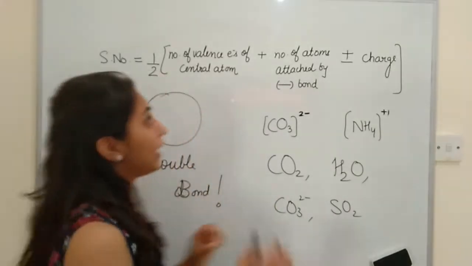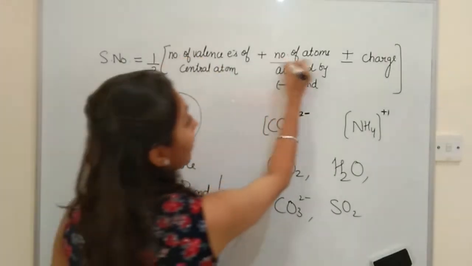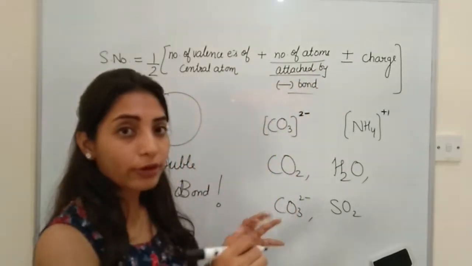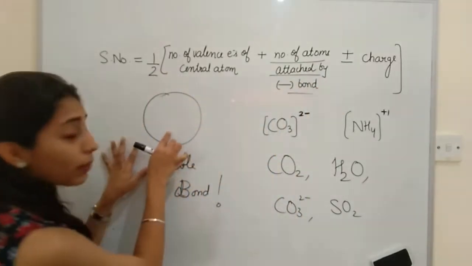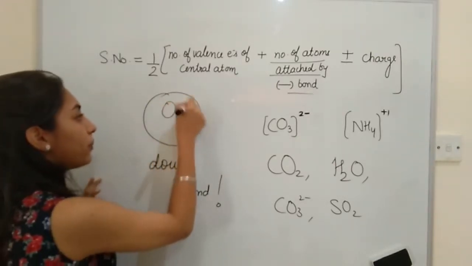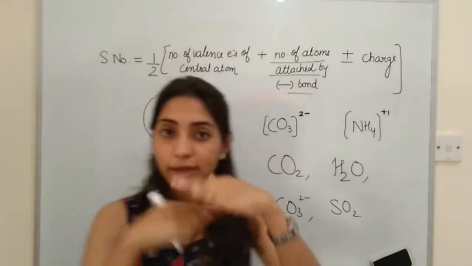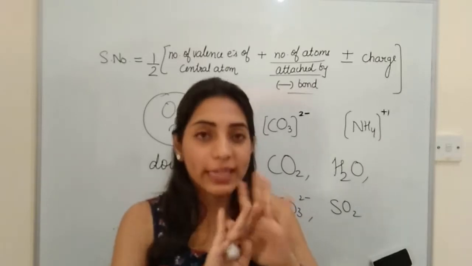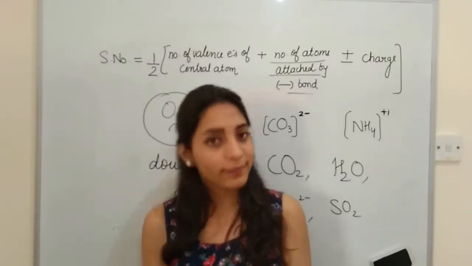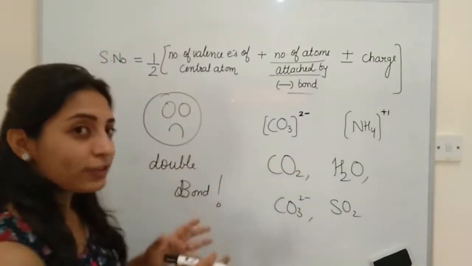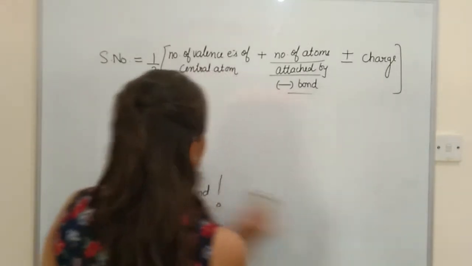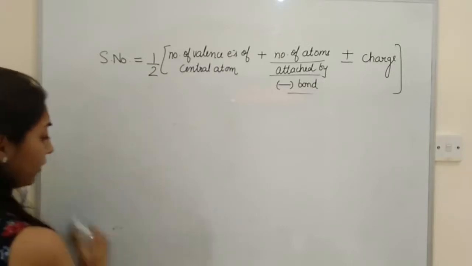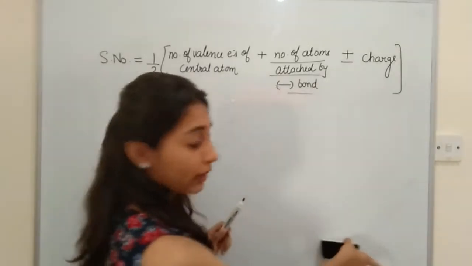I am just saying I have written the number of atoms attached by single bond. If you are talking about oxygen, just remember oxygen attaches by a double bond, never ever by a single bond. Okay, now with these two things in your mind, let me start doing different questions and let me show you how helpful this formula is.